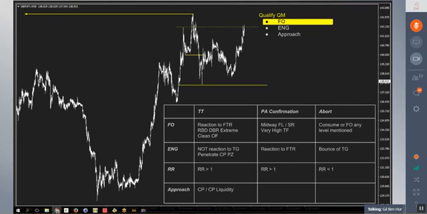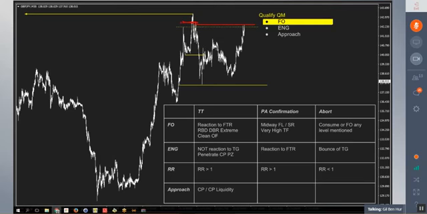But yeah, here this is the level that really was precise on this, and let's say it's an M5 or even M1 Quasimodo bouncing off this level.